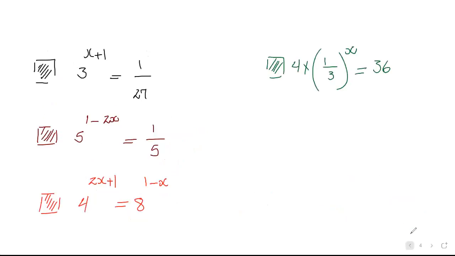The second one is what? 5 to the power 1 minus 2x equals what? 1 over 5. Am I correct? Yeah. Awesome. Guys, look at this one. Again, what we are dealing with is exponential equations, because the x that we're going to find shows up there as an exponent.